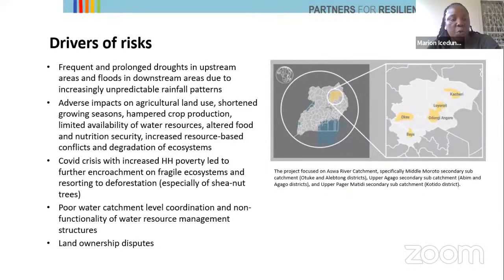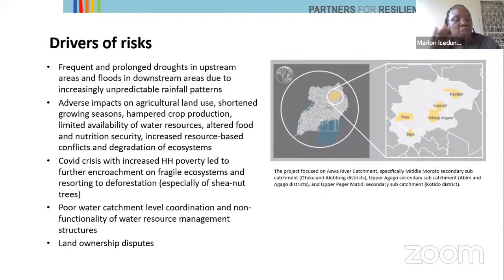In addition, we also had challenges around governance of these water resources, especially in line with poor water catchment coordination. In this case, we are talking about the governance structures right from the grassroots, the subnational level, and the national level.